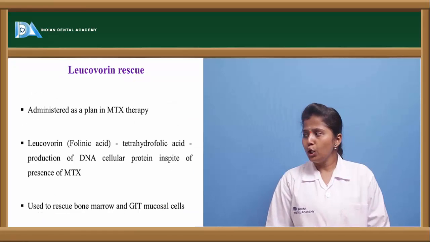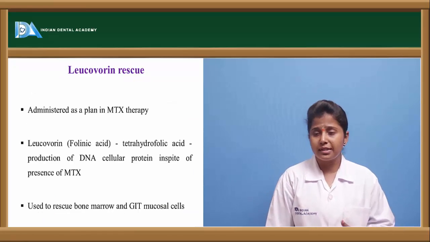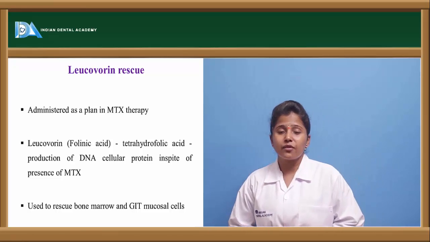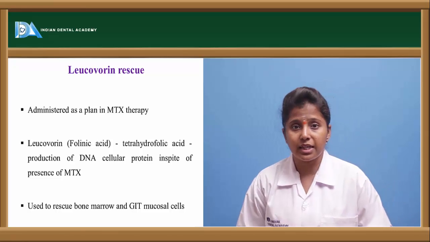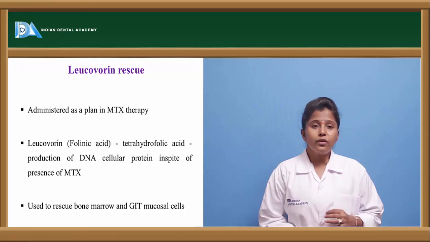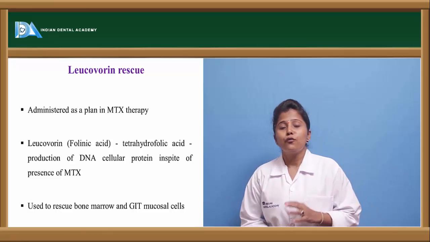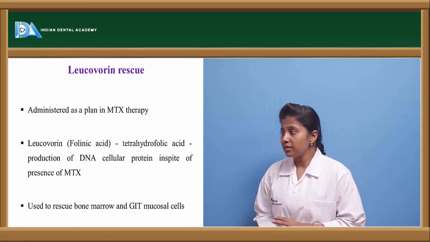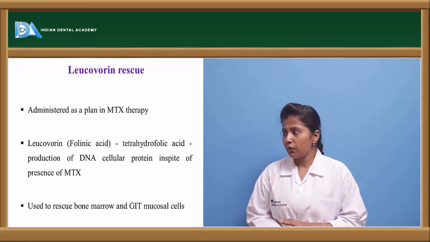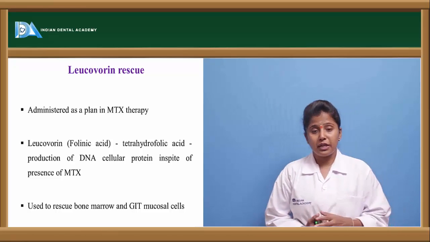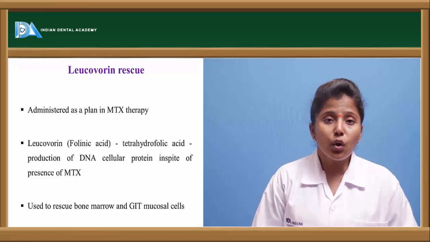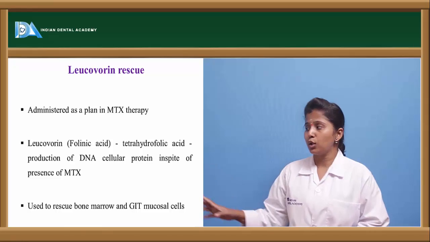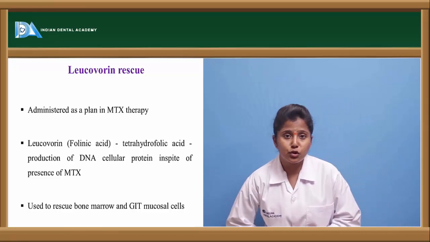Here is leucovorin rescue. What does this mean? It is used in methotrexate therapy. Leucovorin is nothing but folinic acid. Once it is administered, it is converted to tetrahydrofolate and thereby DNA synthesis takes place. If a person is taking methotrexate as well as leucovorin, then the methotrexate won't show its action.